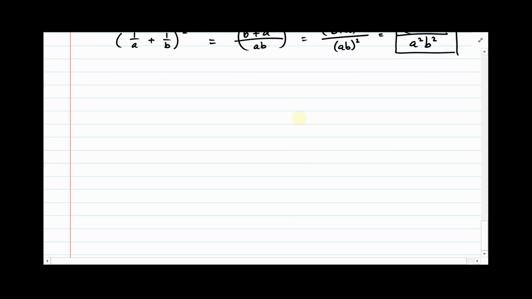All right, on the flip side, there is one rule of indices that I didn't mention yet, and that was when we're looking at fractional powers. If I have a to the 1 over n, this is just the nth root of a.